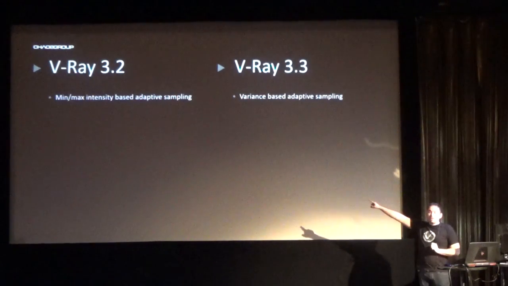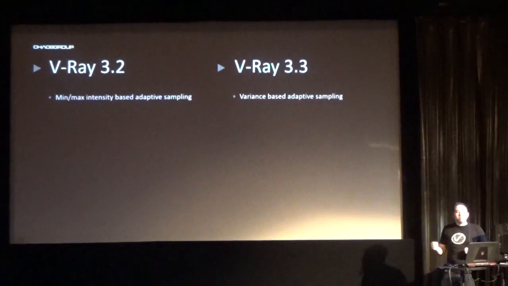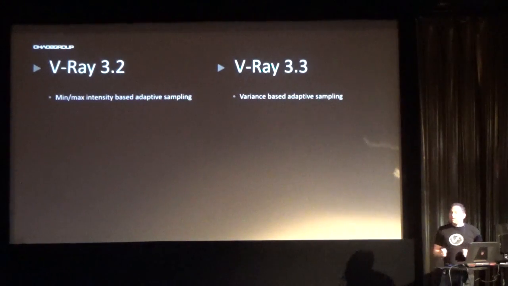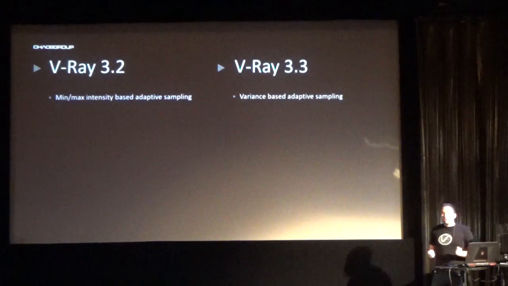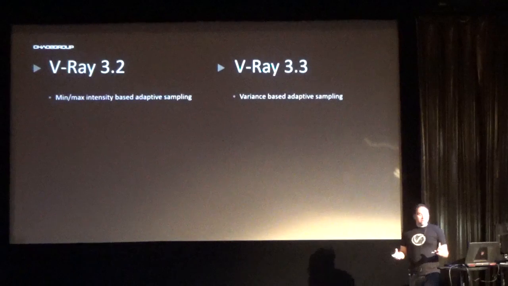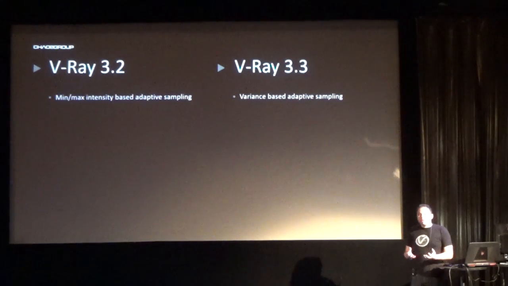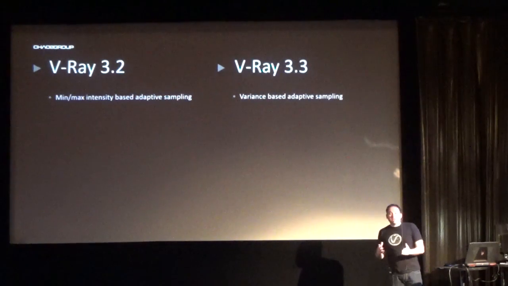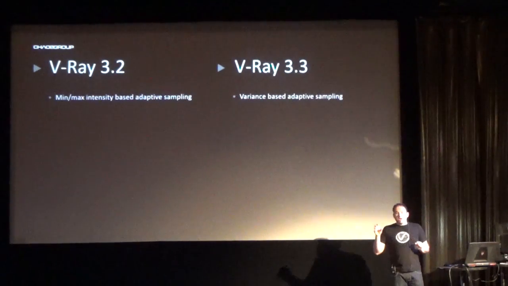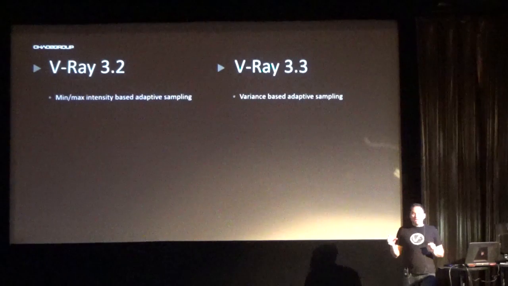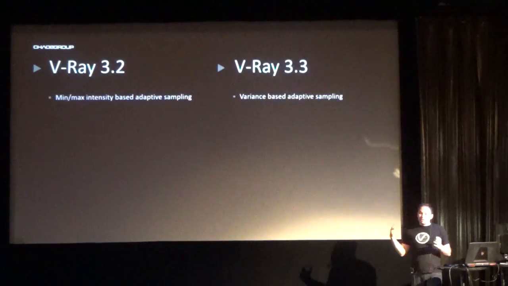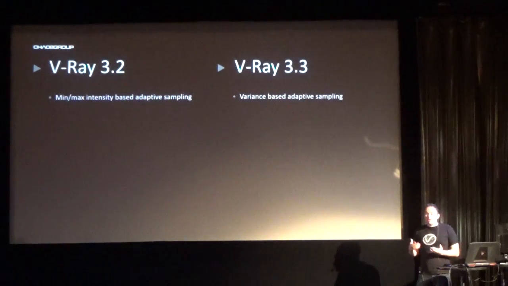Now, in 3.2, we have minimum maximum based intensity, and that's very important, intensity-based image sampling. What does this mean? Well, it means that V-Ray sampled where there was a change in intensity. Meaning, if we take 2 pixels, we first calculate their intensities, and we do that by taking the red, green, and blue channel, combining them together, dividing by 3, and that's the intensity.